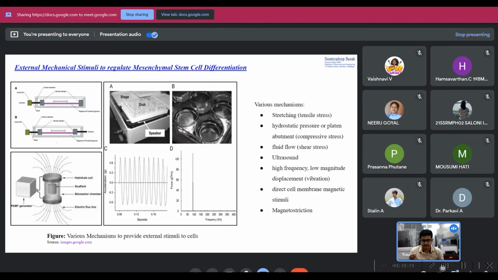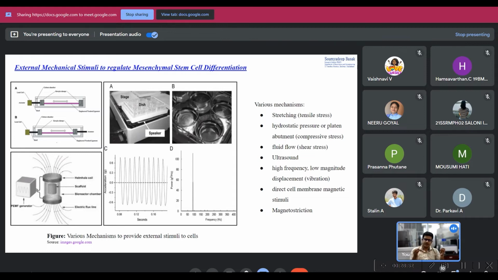That's why when I was talking about the media or the stem cell niche that we are providing for its culturing, that reflects upon its differentiation fate. So in which direction the stem cell that we are culturing will be going, right?